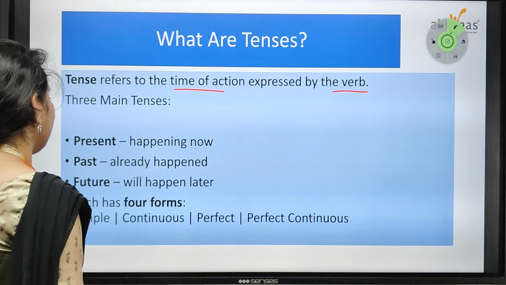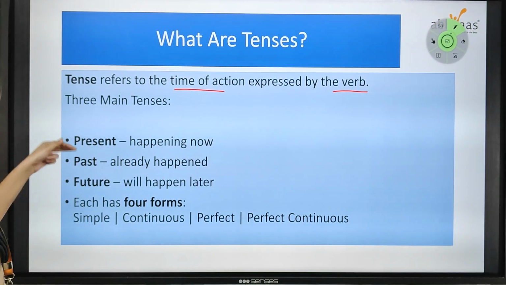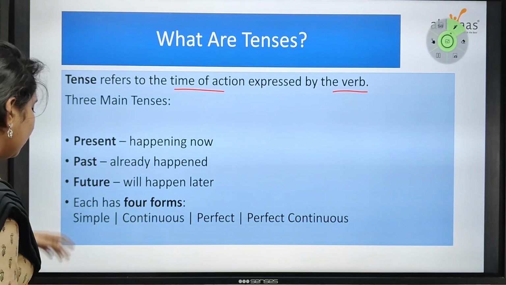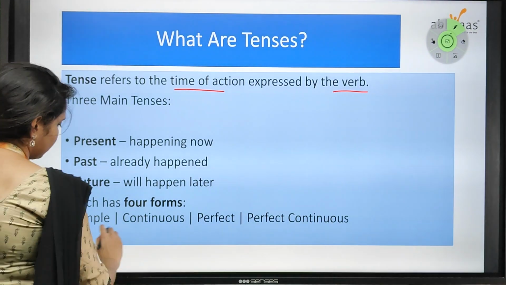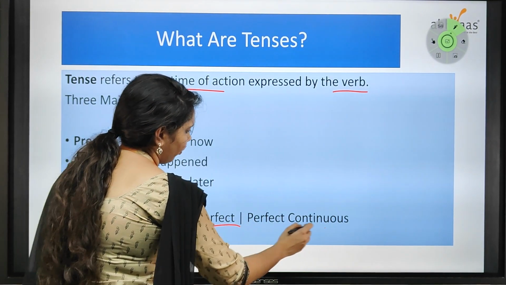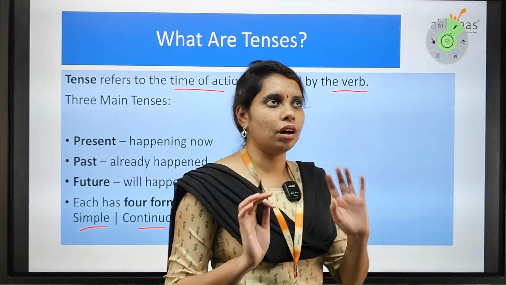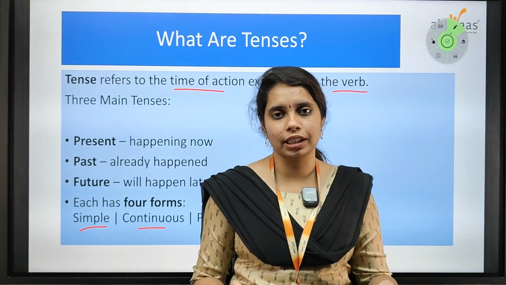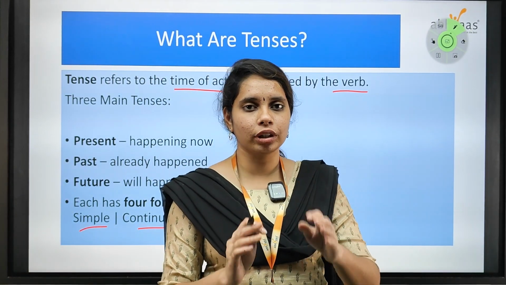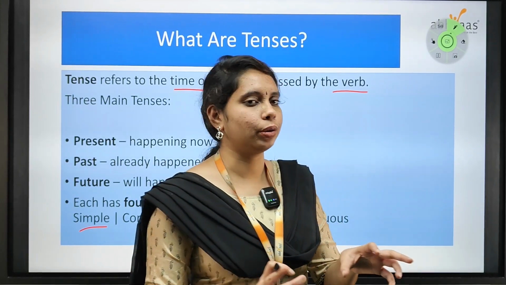Right, so the three main tenses which you know are present, past and future, and of course again they are divided into four forms: simple, continuous, perfect and perfect continuous. Let's not dwell in the structure of these tenses and all, but let's focus on the competitive exam perspective here.